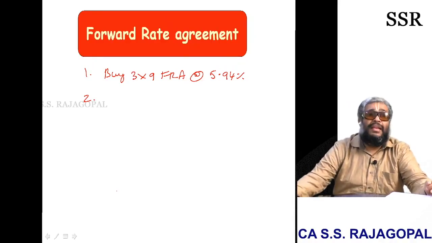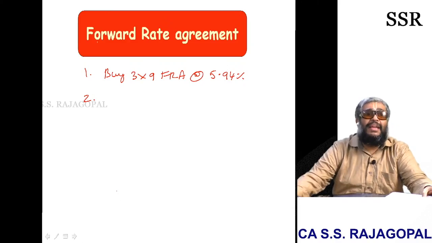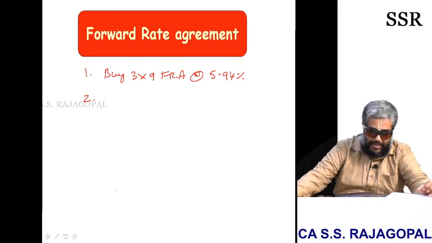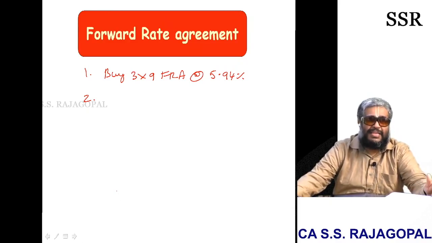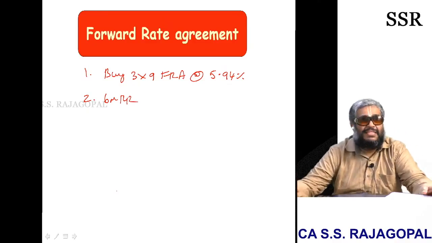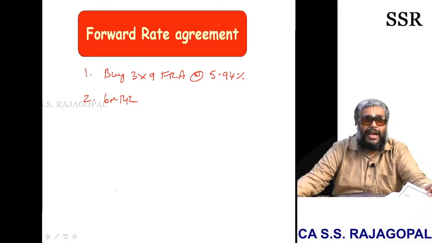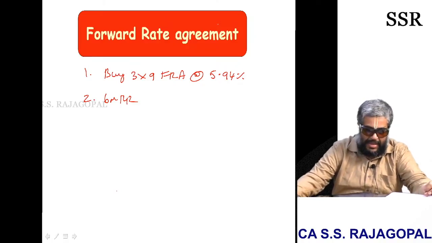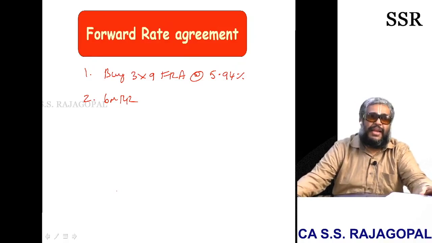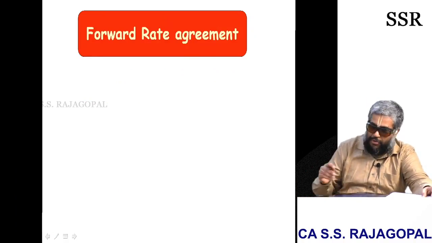Next. In other words, write down point number 2. In other words, Electra Space has agreed to buy a 6 months reference rate after 3 months at 5.94%.